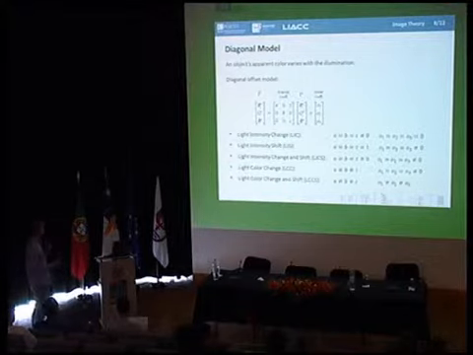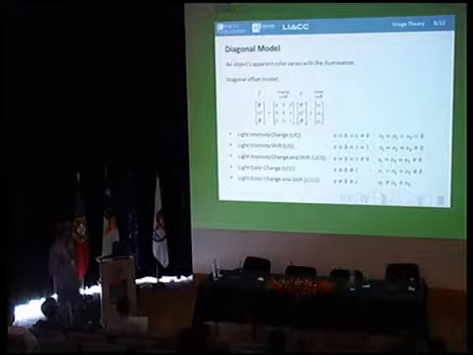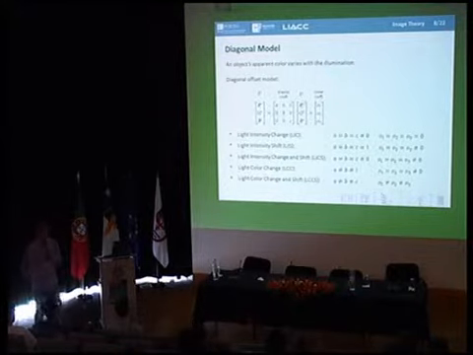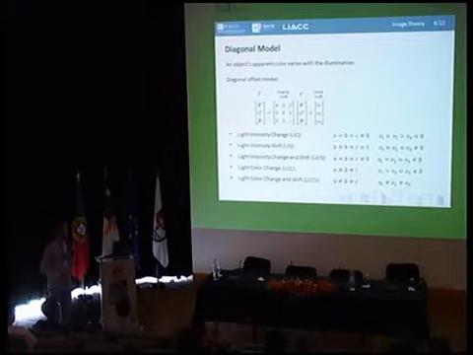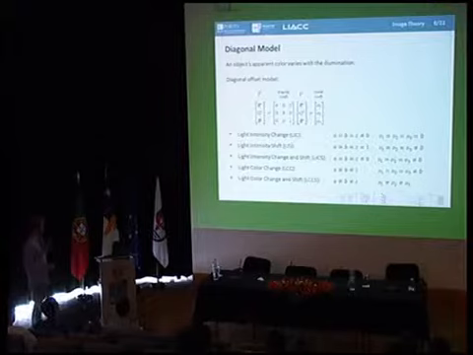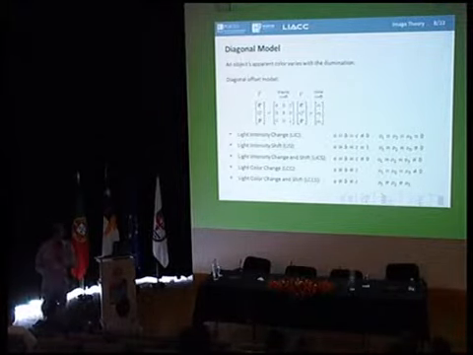This is done through angular coefficients and linear coefficients. Using this diagonal offset model, light variations can be classified into 5 distinct categories, according to the values of the angular and the linear coefficients.